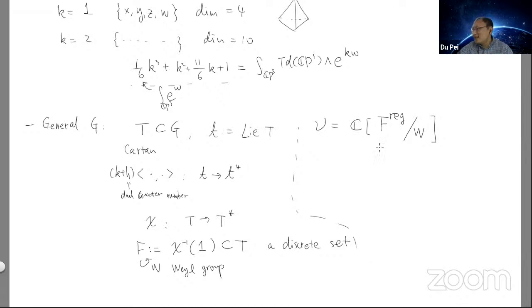So functions on a finite set is a little bit boring. And in this case, there is a nice basis. So that is complete. And they are given by characters that look like the following.